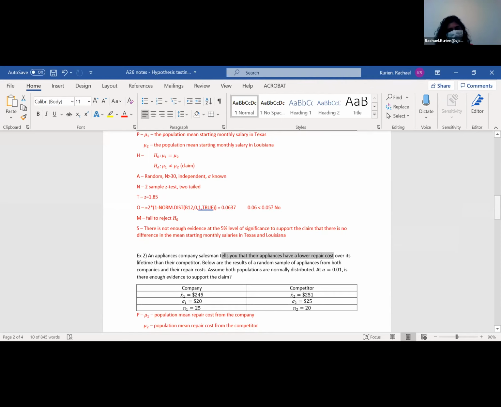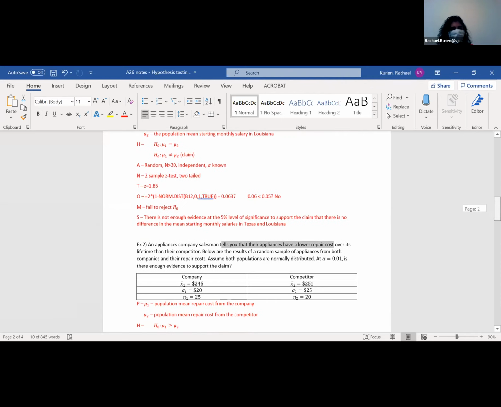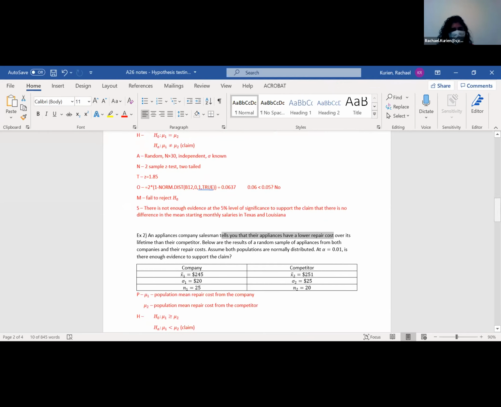Another way to say lower is less than their competitor. So mean one, the company, has a lower repair cost than its competitor, which is mean two. And there's our claim. The opposite of it is greater than or equal to.